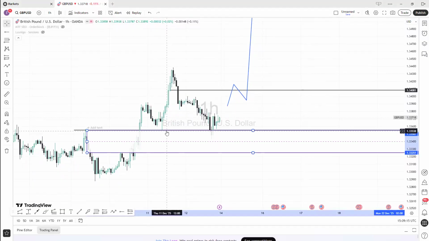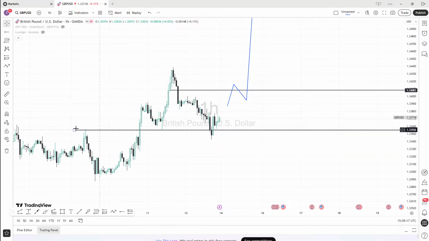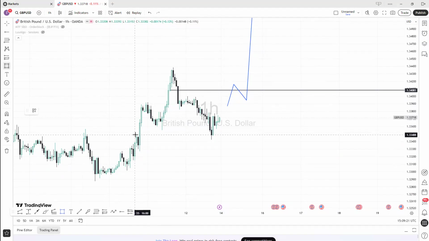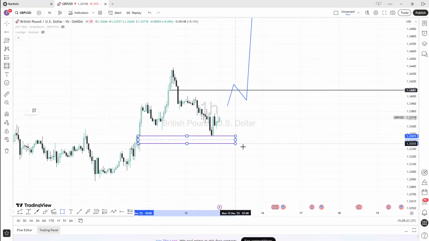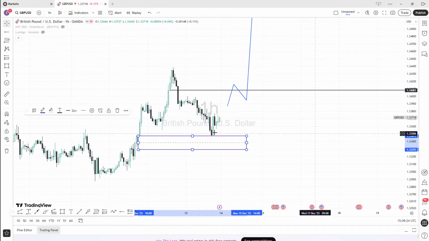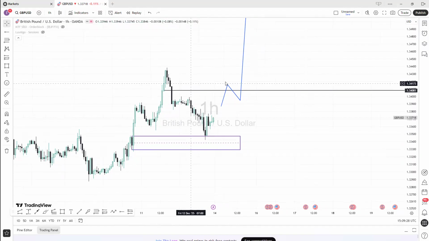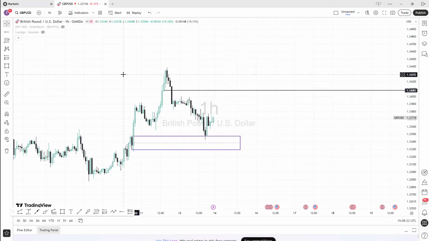On higher time frame, we have that market structure. You can see there is demand here. Previously there was demand here on Friday. Price retraced back to that particular demand and it activated already. So you have to find a entry to execute a buy.